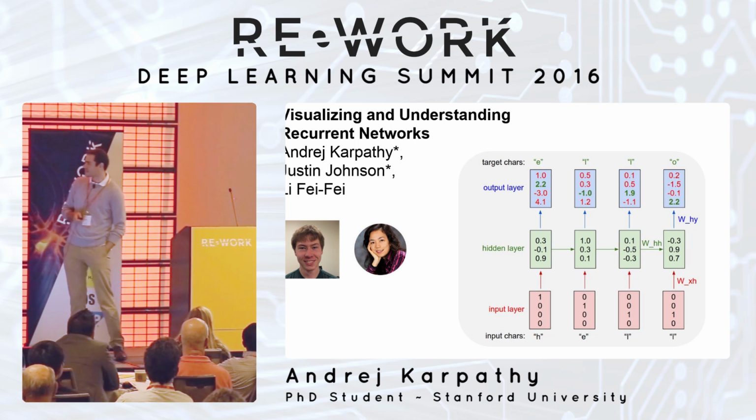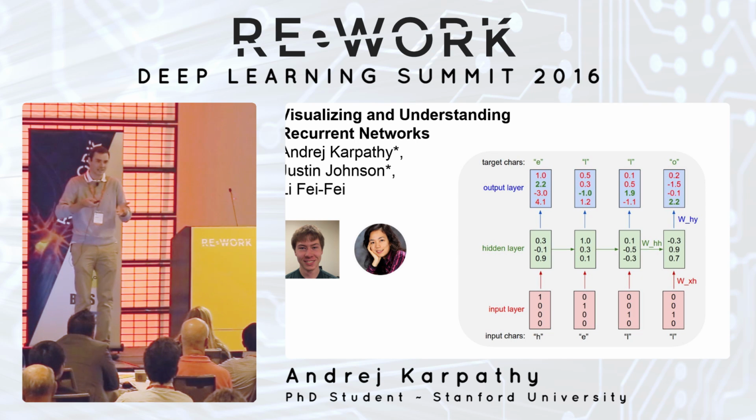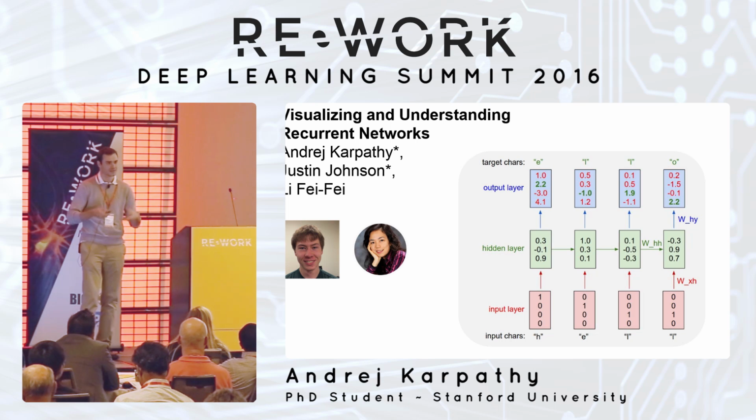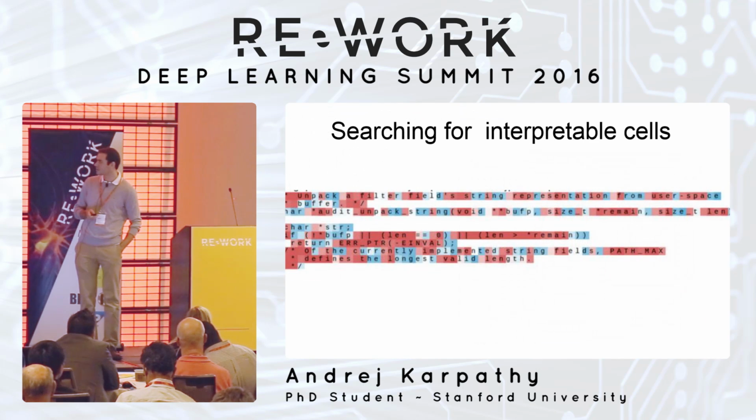Now, in my own work at Stanford, with my equal co-author on this paper, Justin Johnson, and my advisor, Fei-Fei Li, we were more interested in studying just exactly how this works. So we went through character-level RNNs, and we were studying the statistical patterns, how this works, what kinds of errors it's still making, and how they change as you scale up the model. One of the experiments I'd like to highlight is looking at interpretable cells in the RNNs.